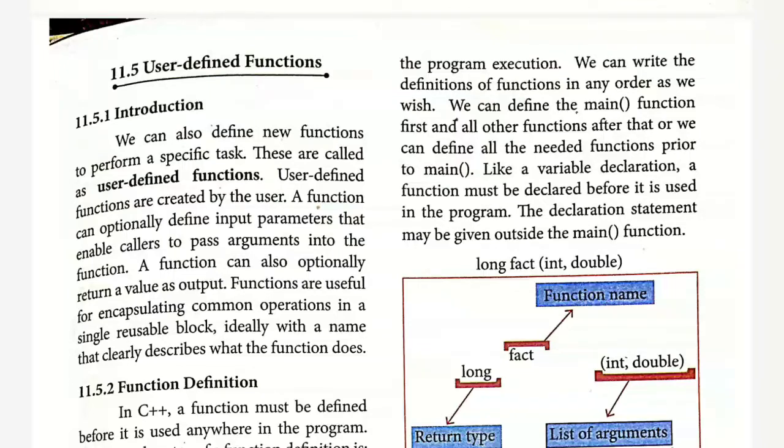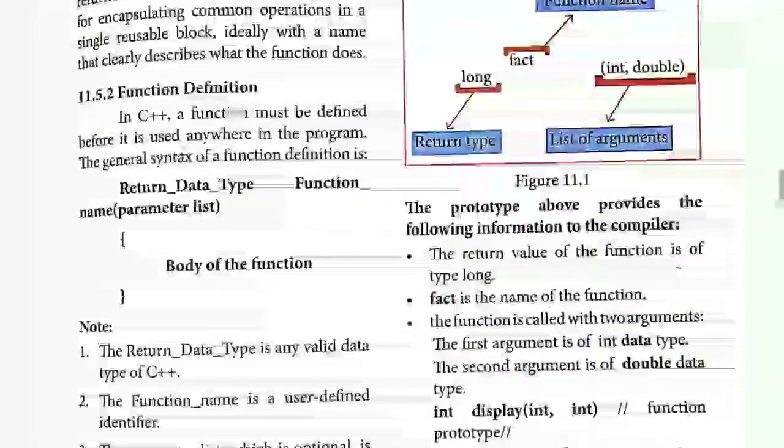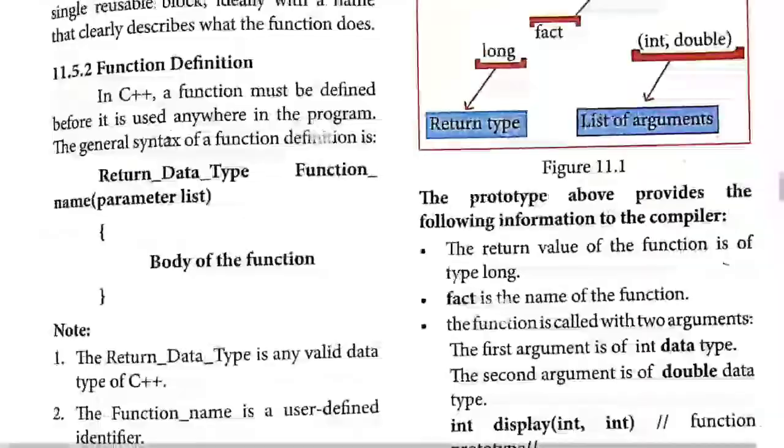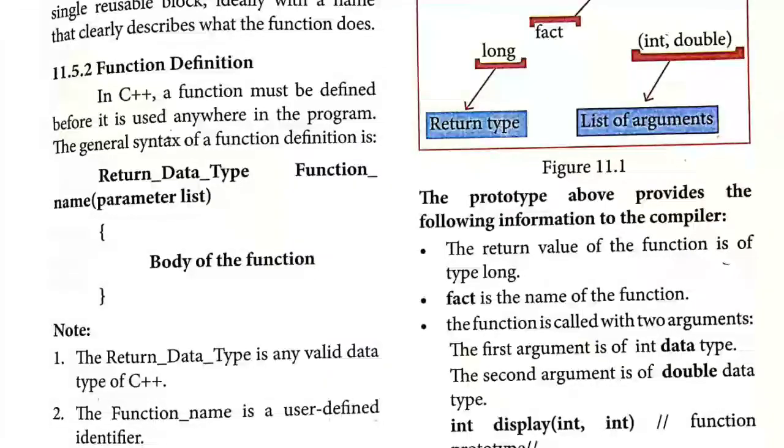So next is function definition. Before creating it, you have to define that this word is a function, so you have to denote to the compiler that this is a function. That is the procedure here. So what is the return type?